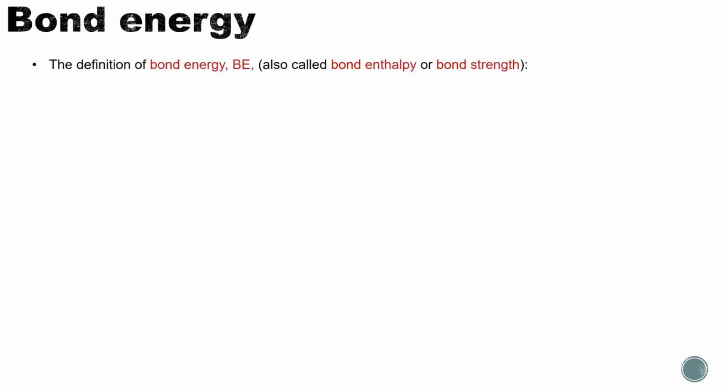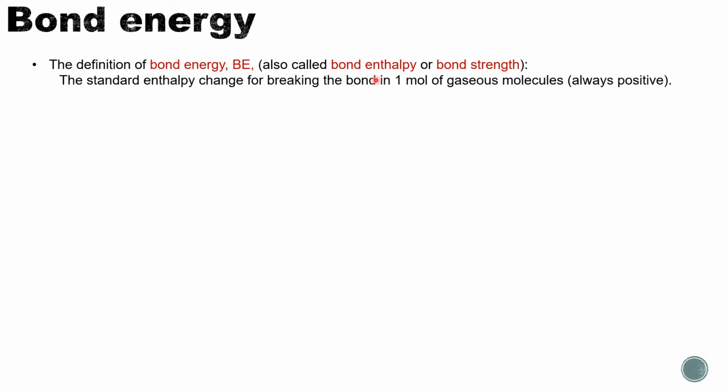So bond energy is another word for bond enthalpy or bond strength. It determines how strong the bond is. We can use its abbreviation BE to refer to bond energy. It's defined as the standard enthalpy change for breaking the bond in 1 mole of gaseous molecules, and it's always positive.